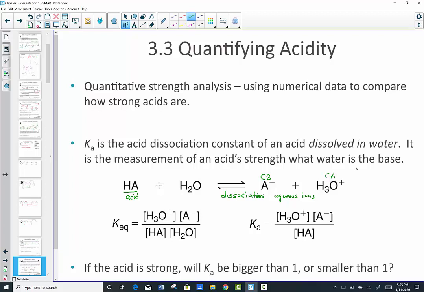So if I compare the molar units of the aqueous ions set over the molar units of the reactants, we get an equilibrium expression. I know you did these before in Gen Chem 2 especially. You started your journey with equilibrium talking about Kc, the concentration, Kp, the pressure of gases.